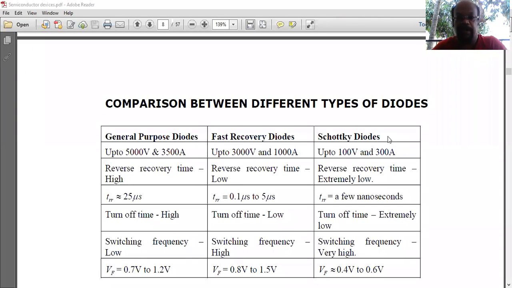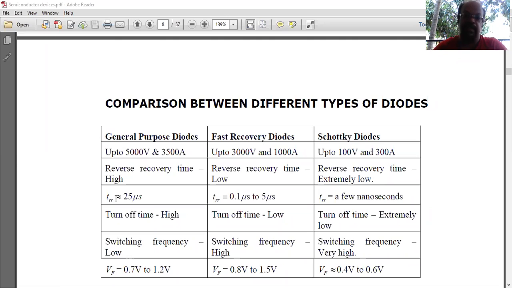So power diodes can be used in power electronics as a power modulator. Mainly when the DC supply is coming, it is capable of converting, and we can use it for an inverter also. So there are three different ways we can use it. General purpose diodes are there, but normally we are not using them because general purpose diodes have a very high reverse recovery time.